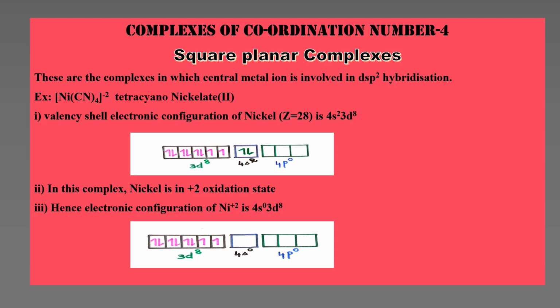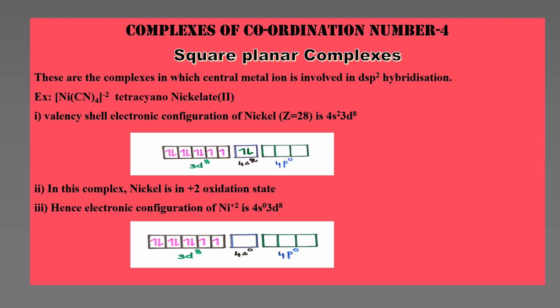If we observe the figure below, there are 4 vacant orbitals, 1 4s and 3 4p orbitals. Also notice one point, the ligand here is CN-, that is the cyanide ion. What type of ligand is it?